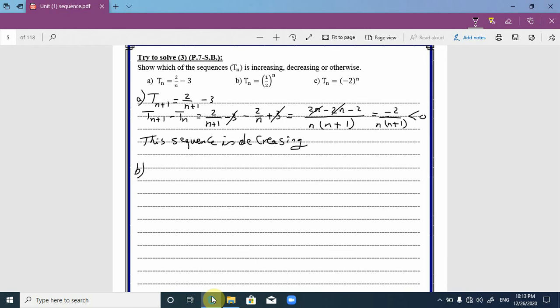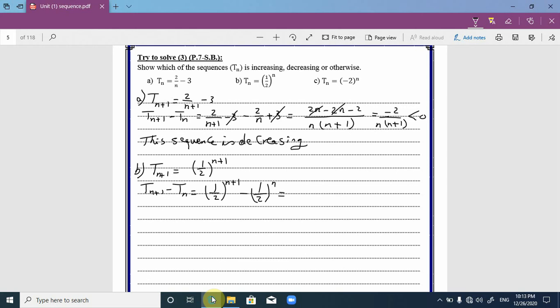B: if Tn equals 1 over 2 to the power n, we get Tn plus 1 equals 1 over 2 to the power n plus 1, and we form Tn plus 1 minus Tn, which equals 1 over 2 to the power n plus 1 minus 1 over 2 to the power n.